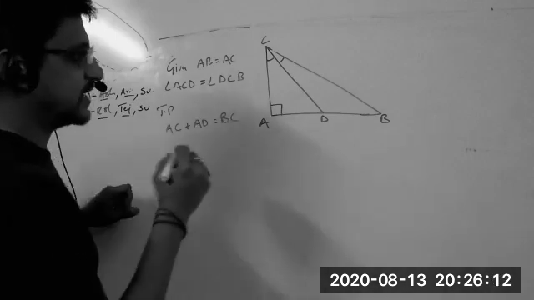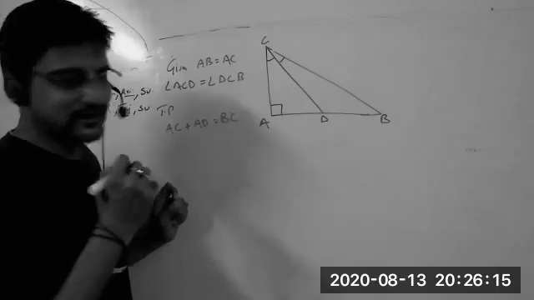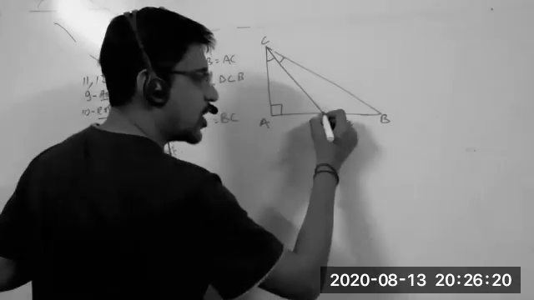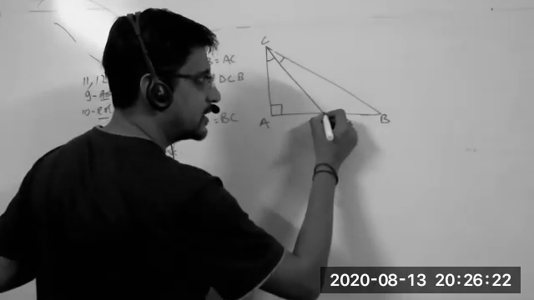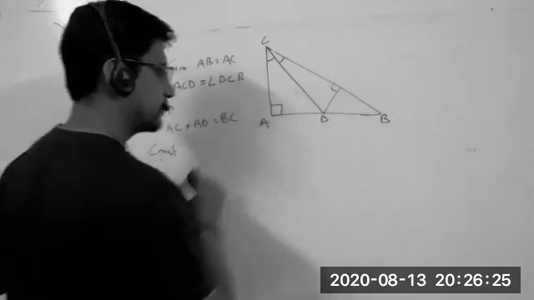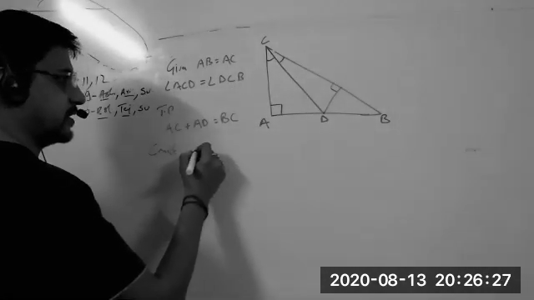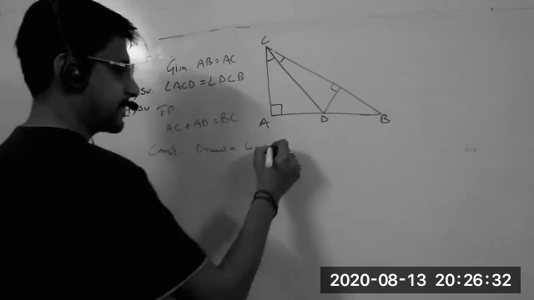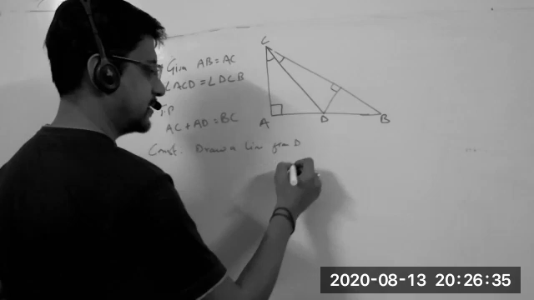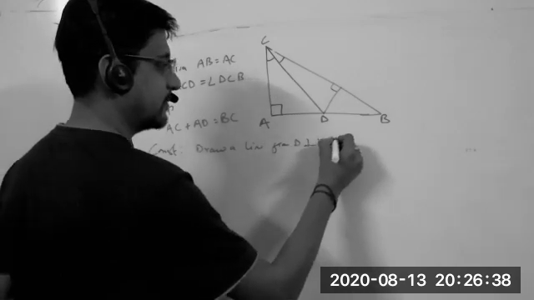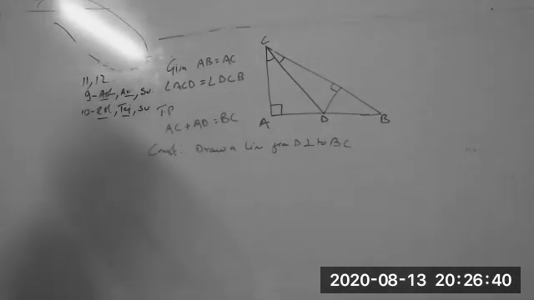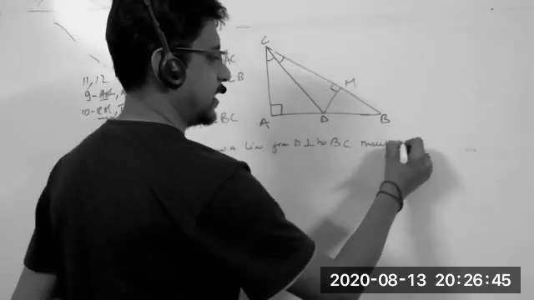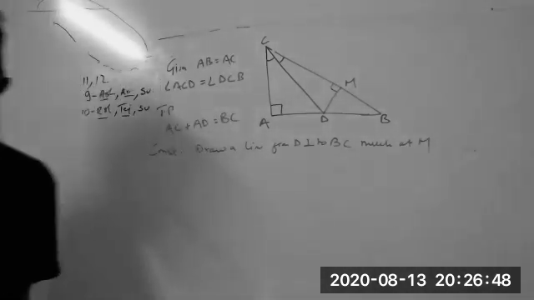Okay. There is one important thing. You have to do one construction. Construction: draw a line from D perpendicular to BC, meeting at M. Correct?